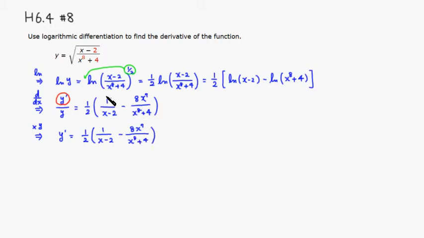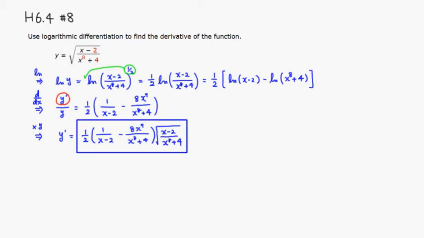Then y is the original function, so we multiply by the square root of x minus 2 over x to the 8th power plus 4. This is the derivative we were looking for.